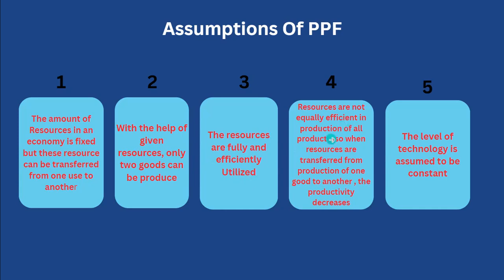The fourth one is, the resources are not equally efficient in the production of all products. When resources are transferred from the production of one good to another, you may not be using them efficiently. Just now I told you, you are going to change to rice production.